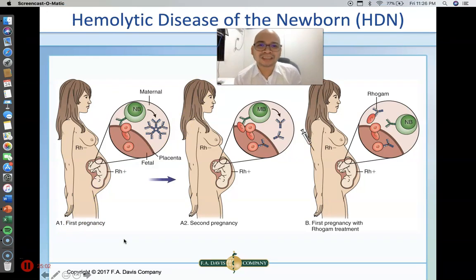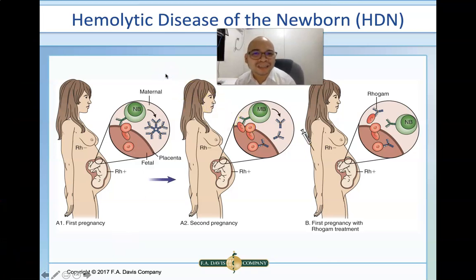So in RhHDN, let's set first some parameters, requirements. The first requirement is that the father should be Rh positive, then the mother should be Rh negative, and then the firstborn or the first child is Rh positive.